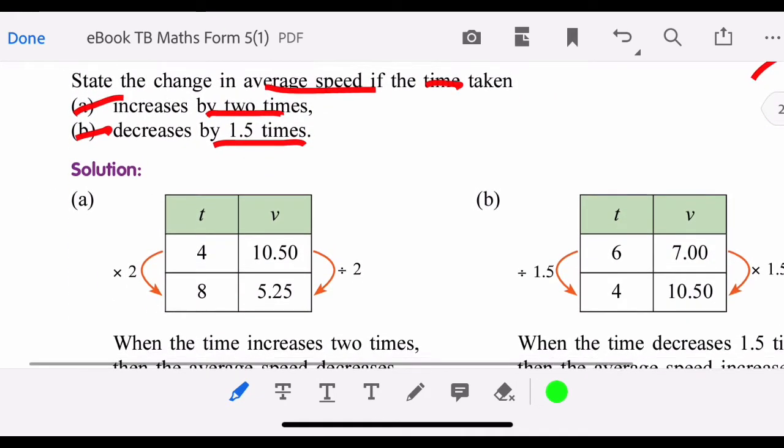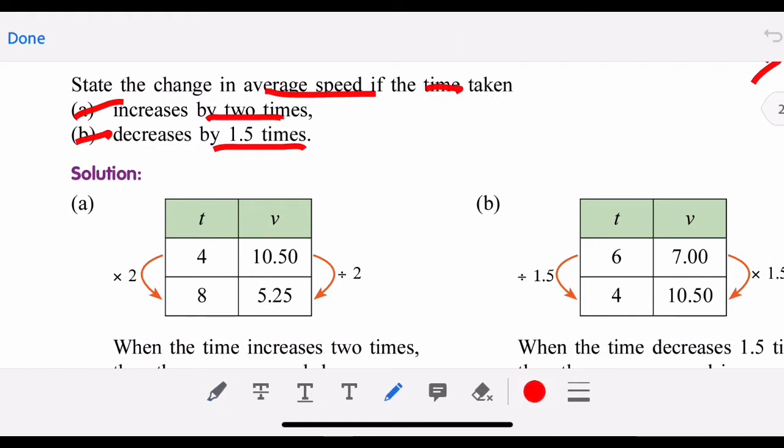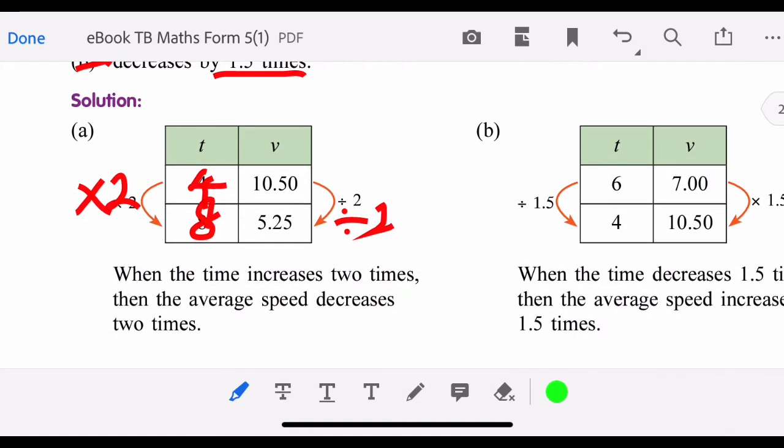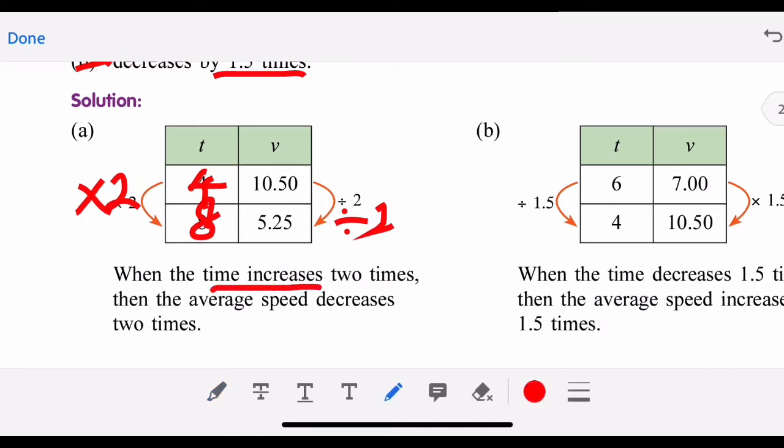If the time is multiplied by 2, from 4 the time becomes 8, it becomes 2 times, and hence the average speed will be divided by 2. Just now it was times 2. So when the time increases 2 times, the average speed decreases 2 times.